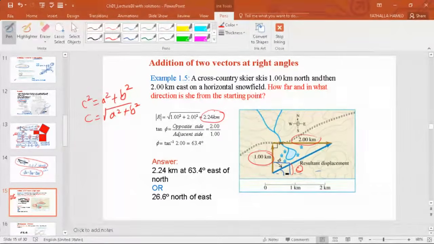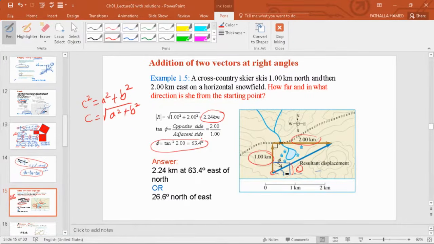Now you want to get the direction. So if you use your knowledge of trigonometry, you're going to look inside your triangle and use either this angle or that angle. Since you started from here, you're going to use this angle here, phi, and tan phi will equal the opposite, which is 2, over the adjacent, which is 1, and that will give you an angle of 63.4 degrees.